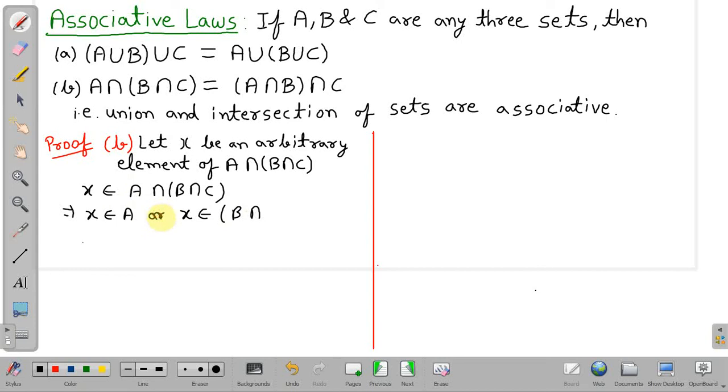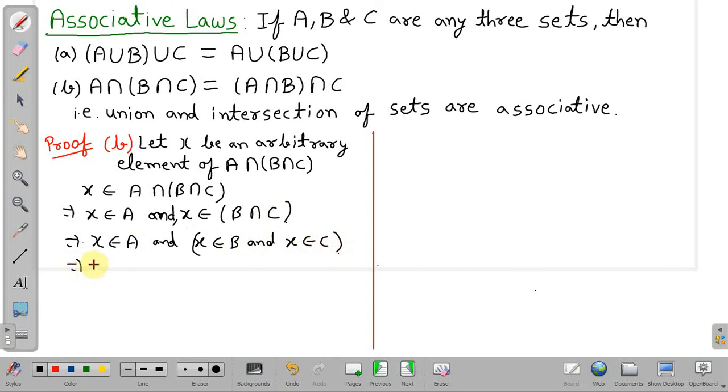Always remember intersection means and. Okay, and x is an element of B intersection C. So this we can write as x is an element of set A and x is an element of set B. Again this intersection we will write and x is an element of set C.